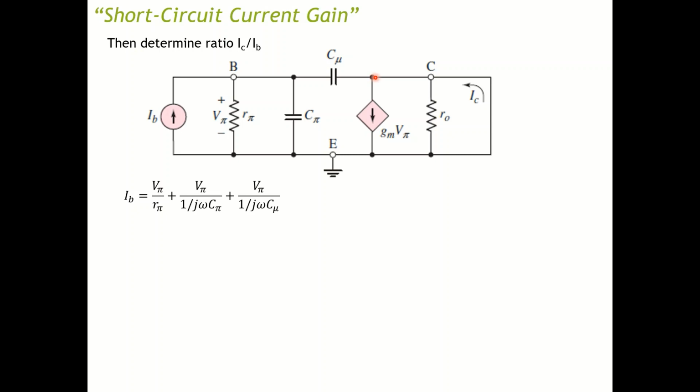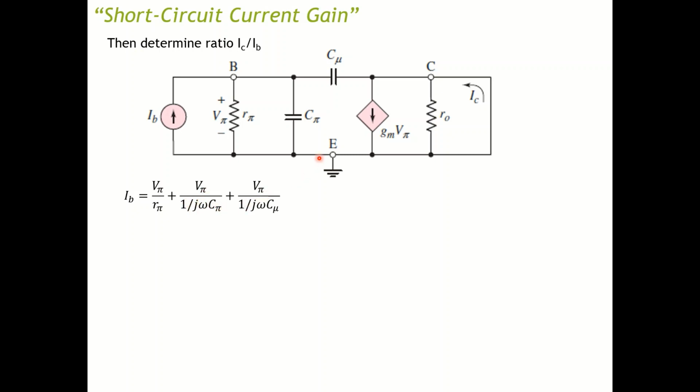Then we have the current coming through this capacitance here. Likewise, you use Ohm's law. Sorry, I was talking about this one first. The current coming through from here to here would be V pi over the impedance of this capacitance, which is 1 over j omega C pi.